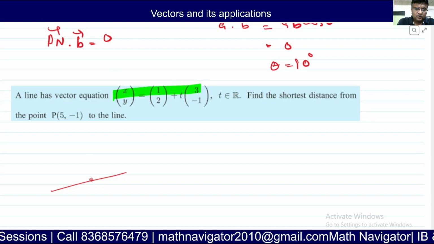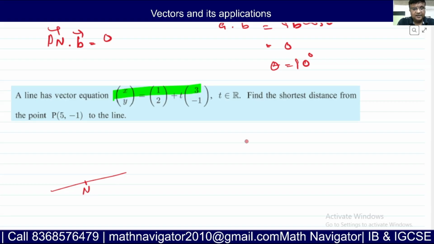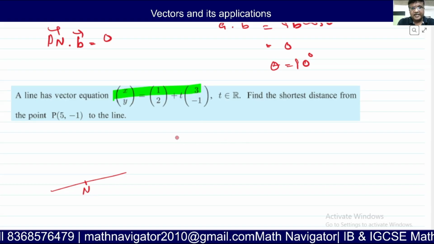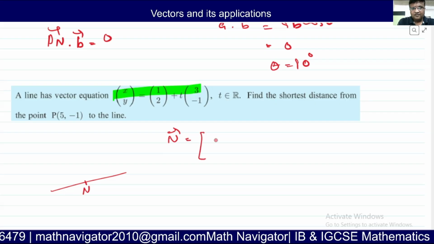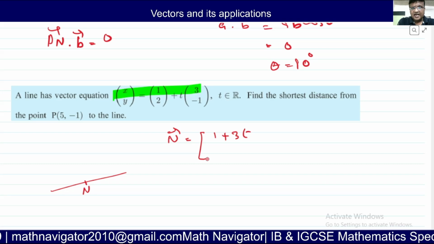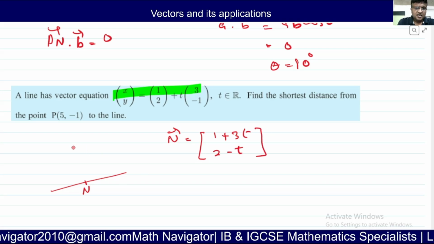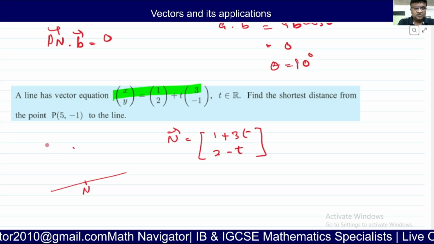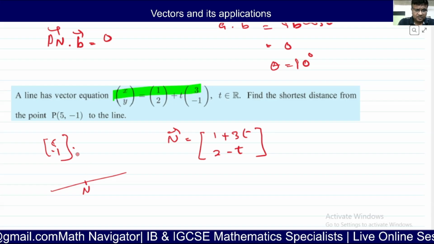I'm saying this point N is lying on the line, so N is a general point. So I can say vector N is equal to (1 plus 3t, 2 negative t). So this is my vector N. And this is the point given to me, which is (5, negative 1).